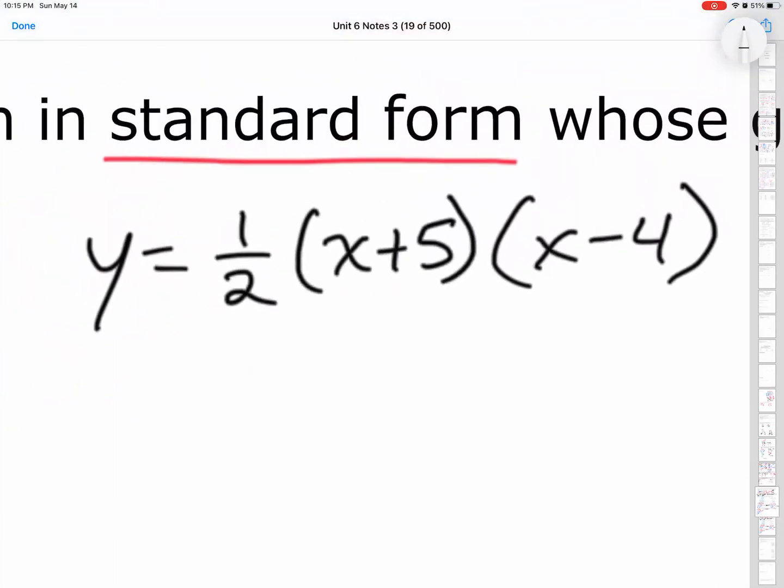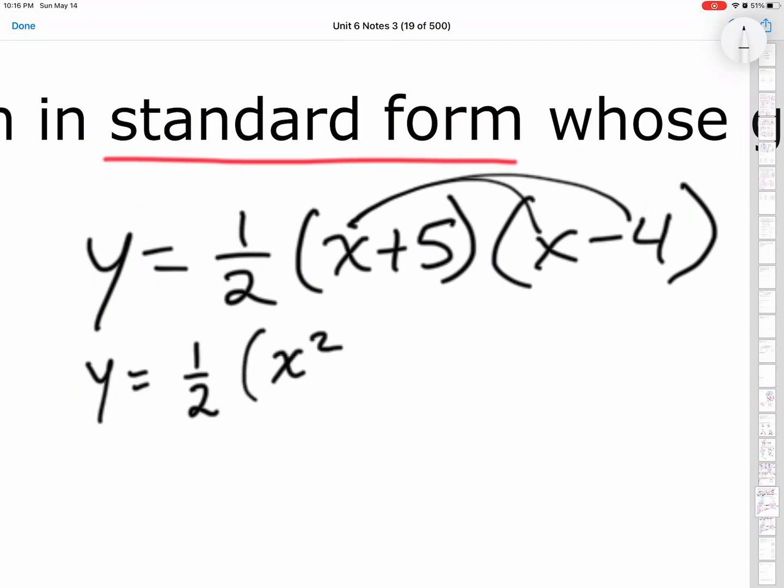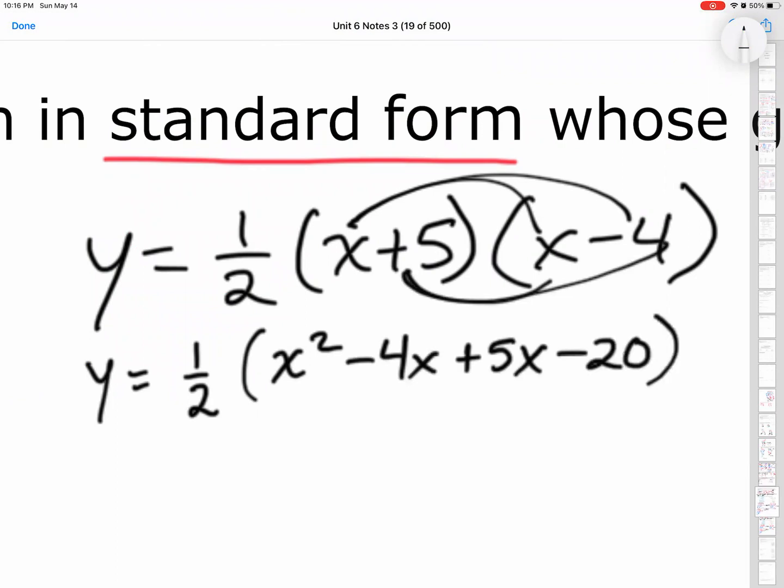And so what we're going to do is we're going to hold off on the a value for the moment, but we are going to go ahead and distribute these binomials together. So x times x would give us x squared. X times -4 would be -4x. 5 times x would be positive 5x. And then 5 times -4 would be -20.